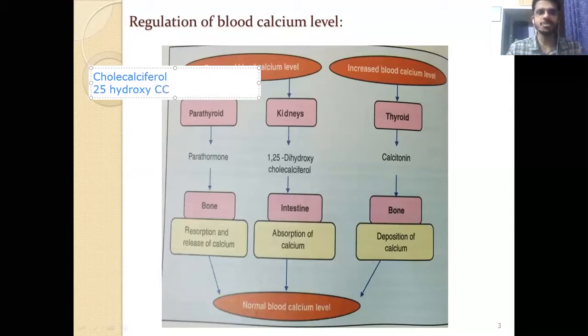This then moves to the kidney, wherein it is converted into 1,25 dihydroxycholecalciferol.